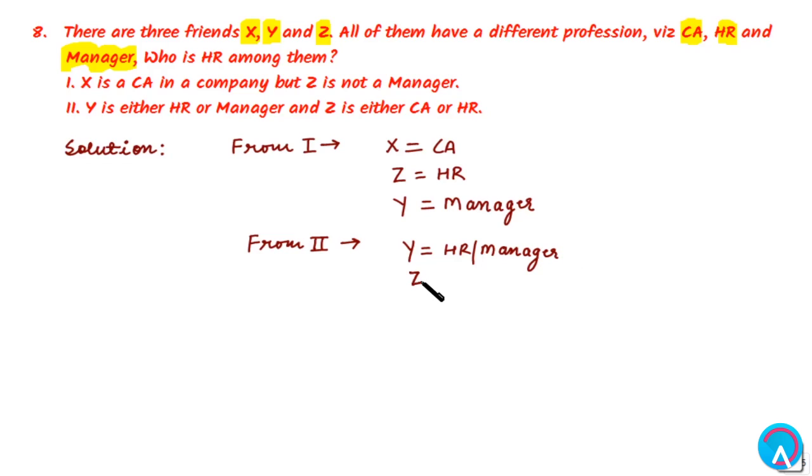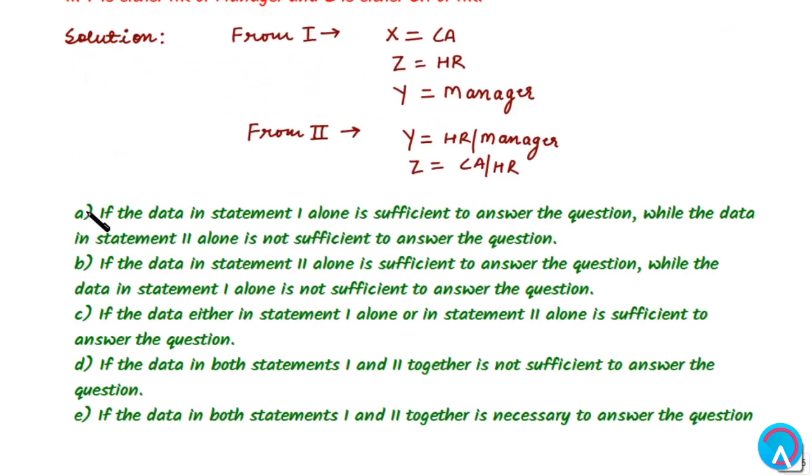And Z can be either CA or HR. That means we cannot know anything from statement 2. So here, statement 1 alone is sufficient to answer the question. So when such is the case, then option A is the answer. That means if the data in statement 1 alone is sufficient to answer the question, while the data in statement 2 alone is not sufficient to answer the question.